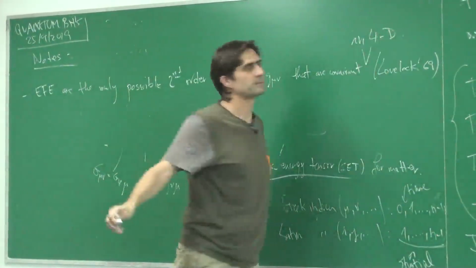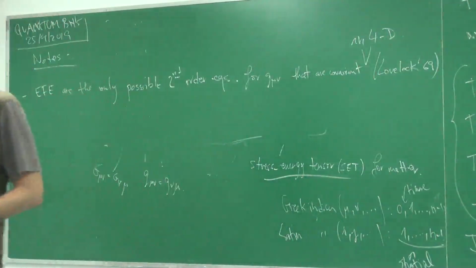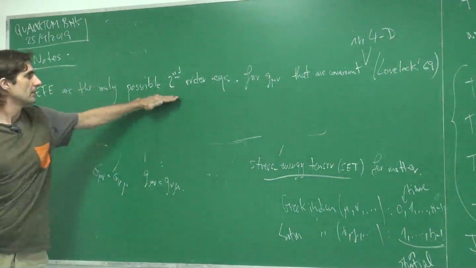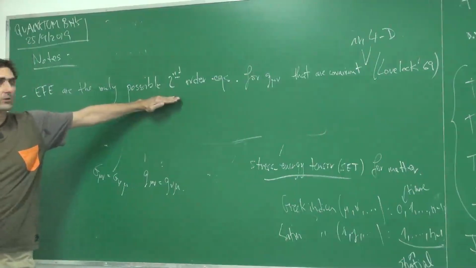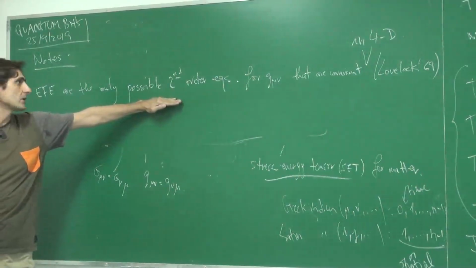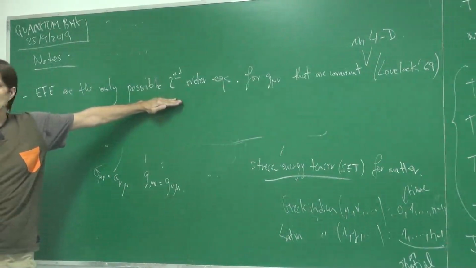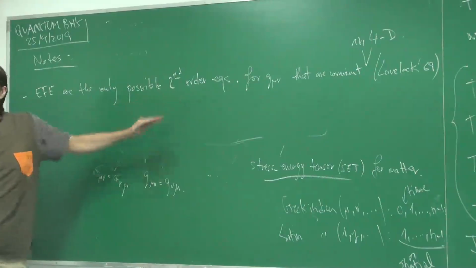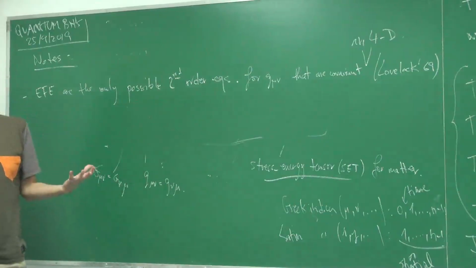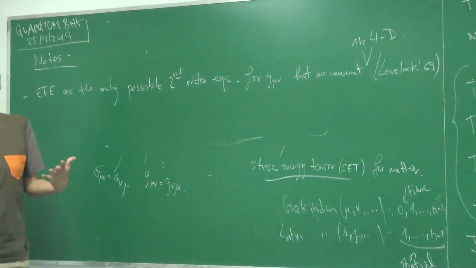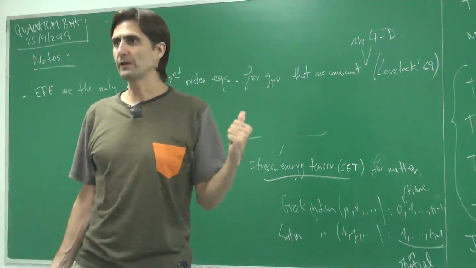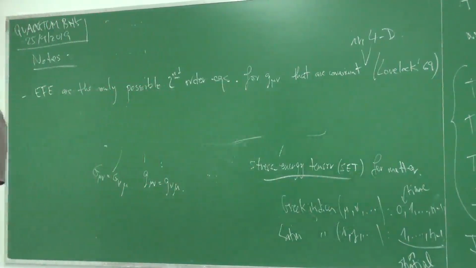You could change your action and include higher order terms, but that's not going to give you second order equations for g mu nu, that's going to give you higher order equations. We will see how quantum field theory allows you, if not almost encourages you, to have higher order terms.